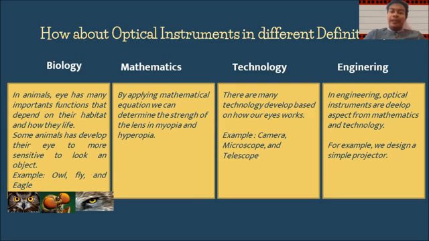In the technology aspect, there are many technologies developed based on how our eyes work, for example camera, microscope, and telescope. In engineering, optical instruments are developed from aspects of mathematics and technology. For example, we designed a simple projector in our group.